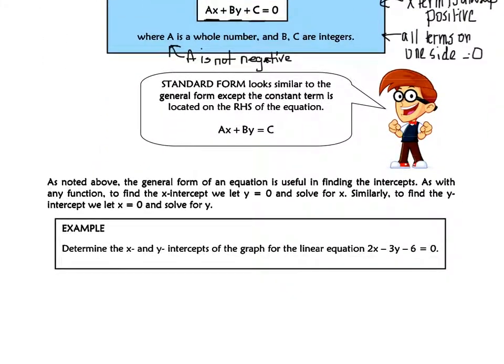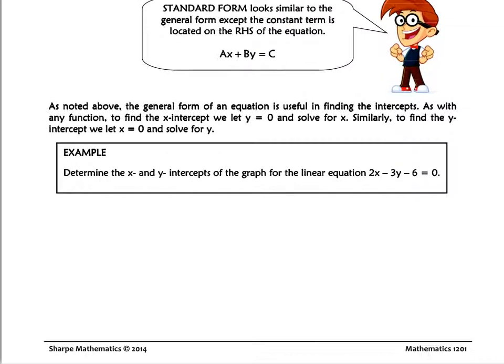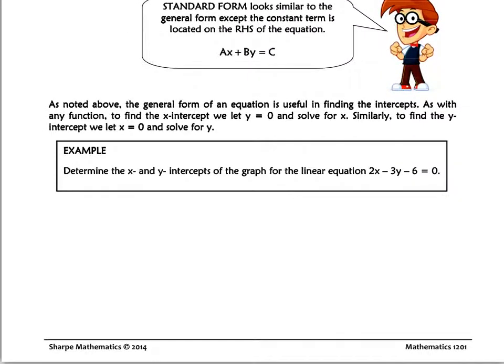When it's in general form, sometimes it's a lot easier to find the x and y intercepts, because if you remember, to find the x-intercept, we're looking at the place where it crosses the x-axis, so we would be letting the y-coordinate equal 0, because every single point on the x-axis has a y value of 0.